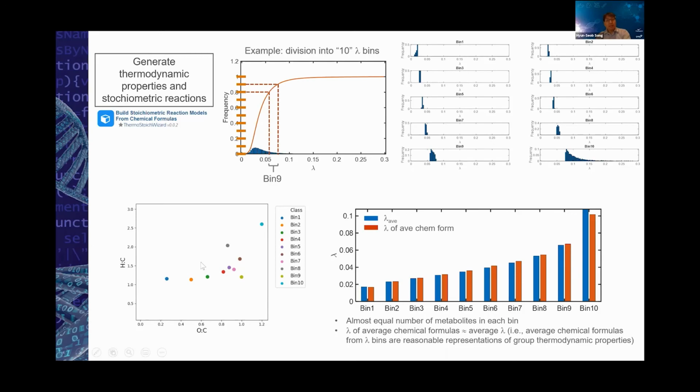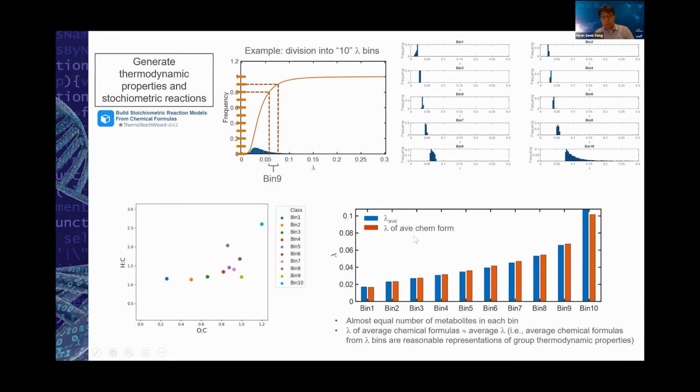Interestingly, these compounds are representative of average compounds. They are not separated by H to carbon ratio. There are some compounds that are separated here, bin 10, for example. However, most of them are separated by oxygen to carbon ratio, more sharply along the oxygen to carbon ratio instead of hydrogen to carbon.